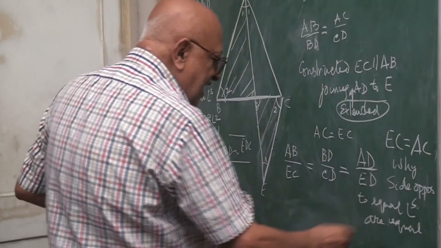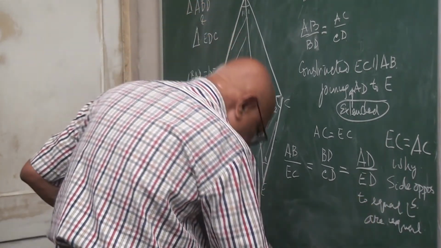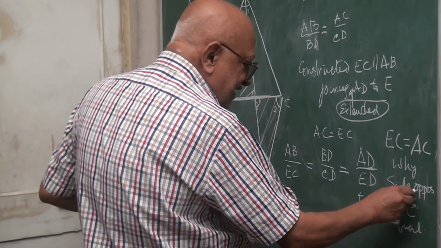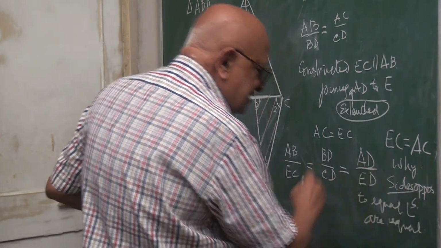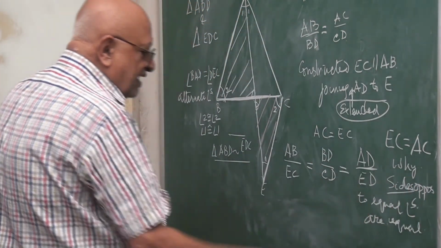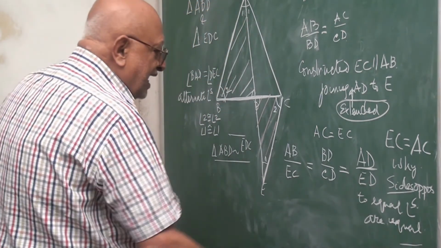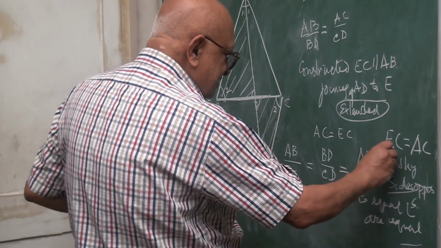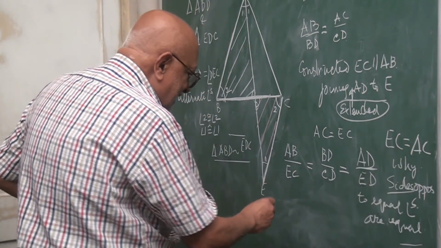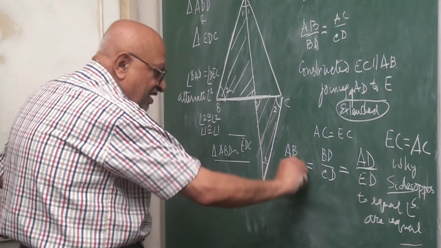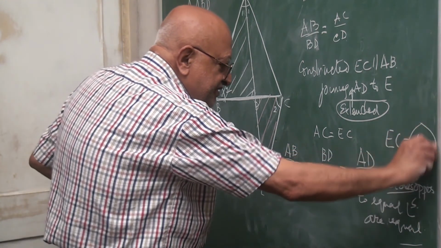Right? So sides opposite to equal angles are equal. So that's why I can write EC equal to AC. So now what do we do? In the place where EC is written, we substitute AC.